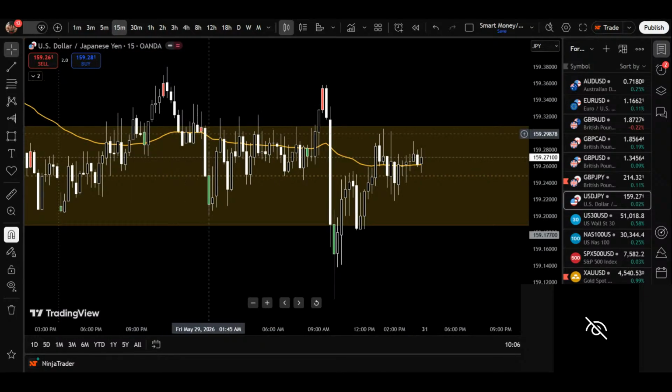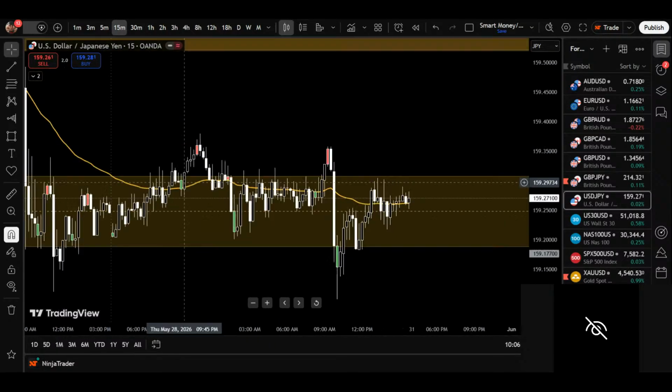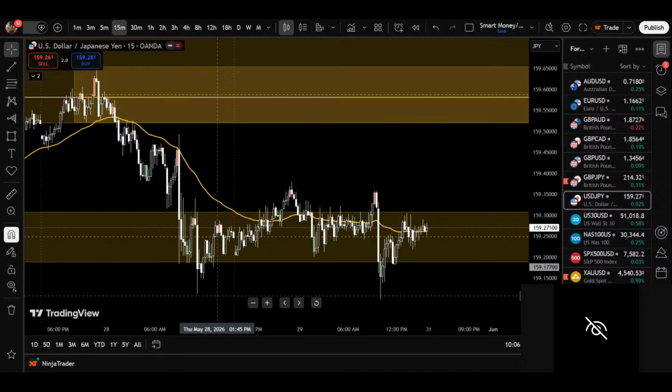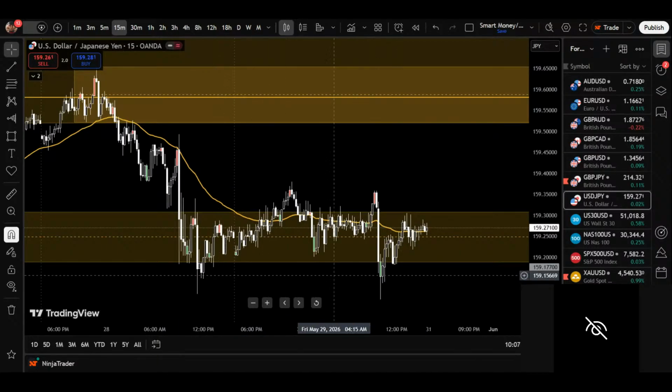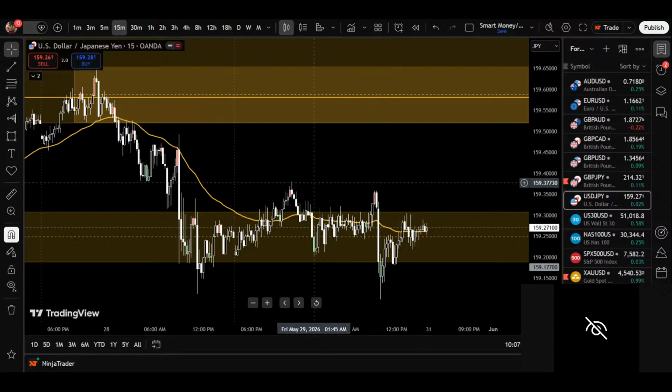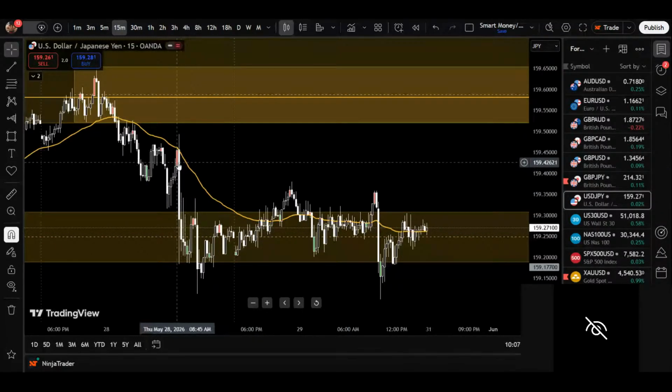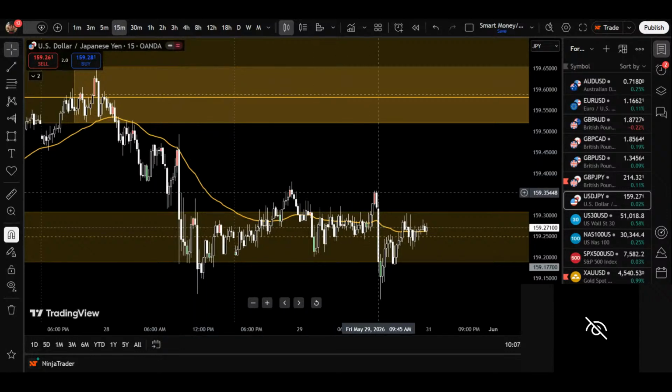Let's look at the 15-minute. On the 15-minute, we got a sweep right here, but this order block is respecting this high right here. This order block here hasn't been mitigated yet. Plus we got one right here. We got an order block here.